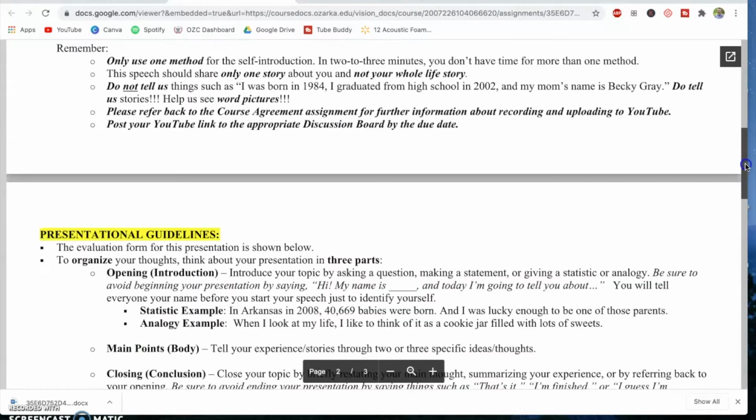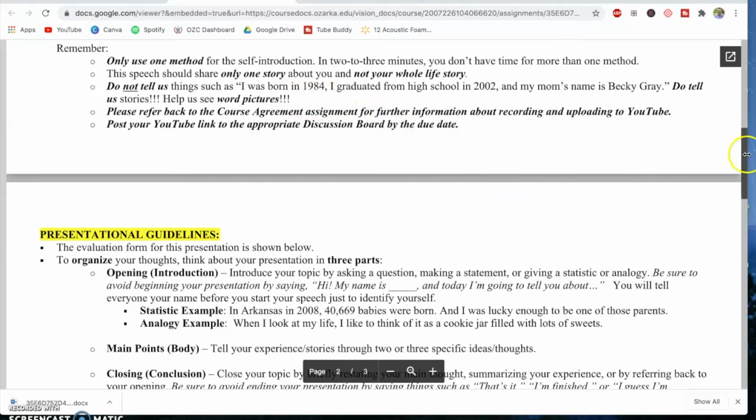Now, in the instructions, it tells you can only use one method. You could only tell one story, not your whole life story. It says, do not tell us things such as, I was born in 1984, I graduated from high school in 2002, my mom's name is Becky Gray. Tell us stories so we can see it.